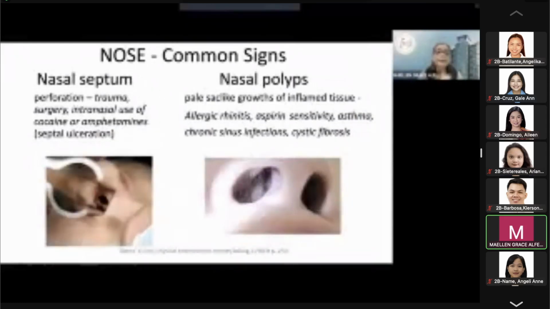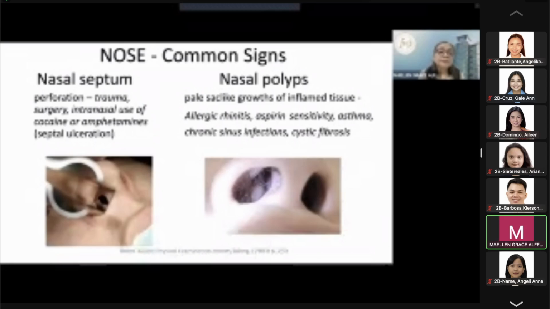Okay. How about the nasal septum? So that's at the midline. The nasal septum, aside from deviation, can have a perforation. And here you will see the perforation of the nasal septum, but this one uses a nasal speculum, so you can see it clearly, the perforation.